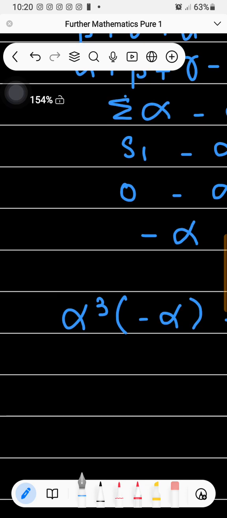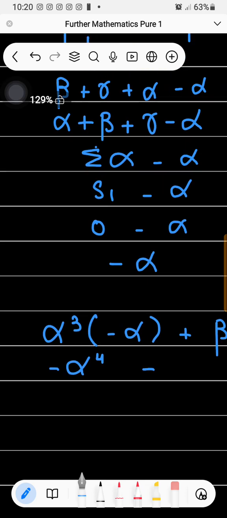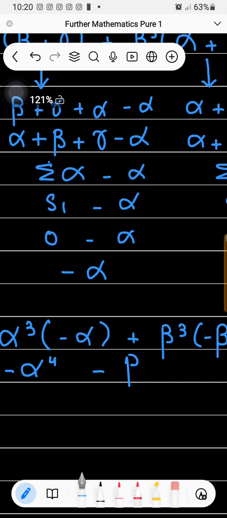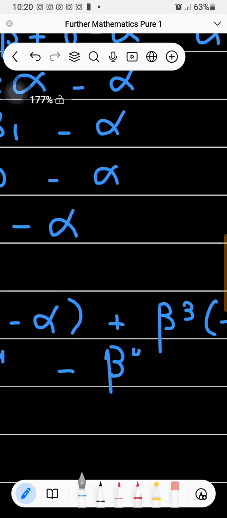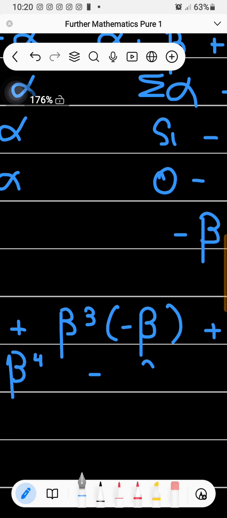We can write this as minus alpha power 4, minus beta power 4, minus gamma power 4.